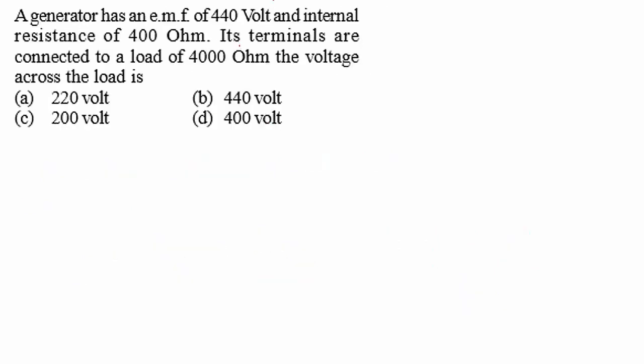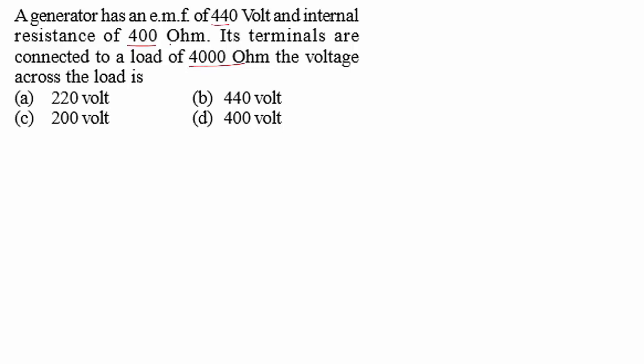A generator has an EMF of 440 volt and internal resistance 400 ohm. Its terminals are connected to a load of 4000 ohm. The voltage across the load is? You already studied about the AC generator in class 12, in the chapter on alternating current.